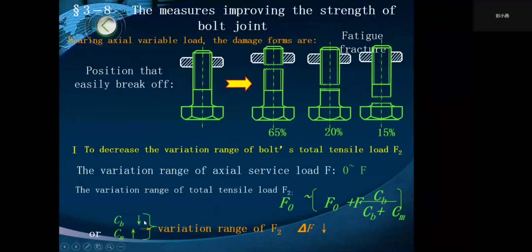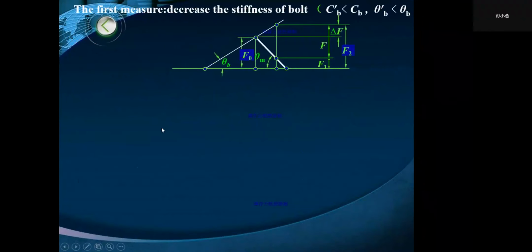Then we can decrease CB or increase CM to decrease the stress. The first measure is to decrease the stiffness of bolt.